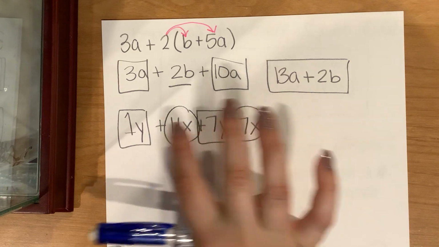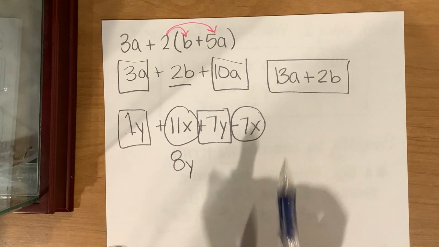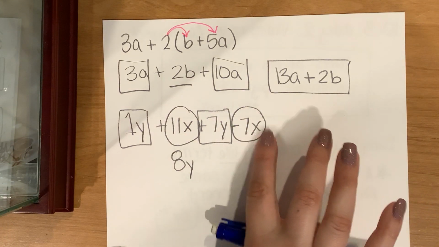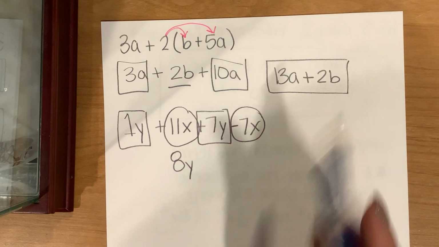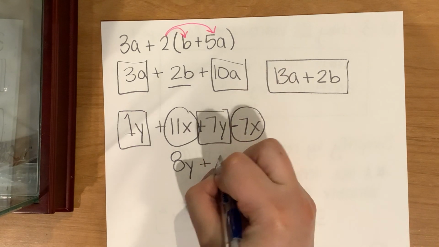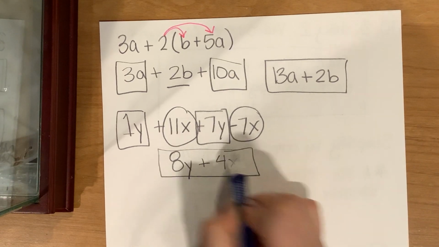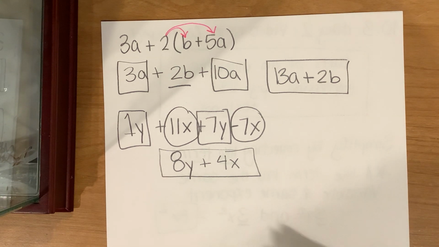So I've got positive 7 and positive 1, which gives me 8y. Then I've got positive 11 and negative 7. I can look at that like 11 minus 7, and I'm left with positive 4x. Again, simplifying this algebraic expression. You can make some of these up and solve them as well.